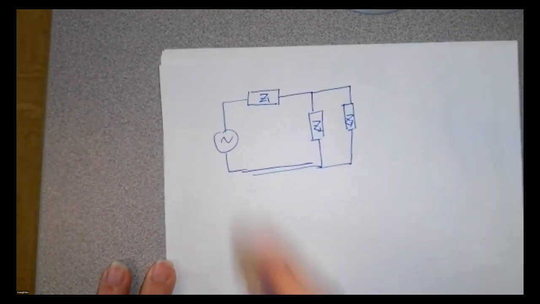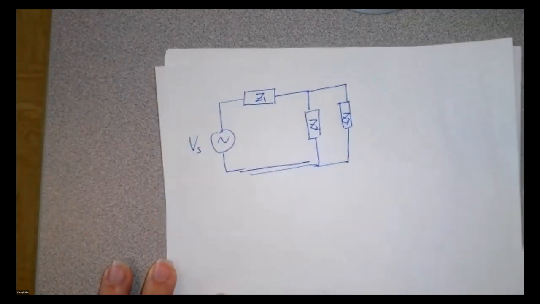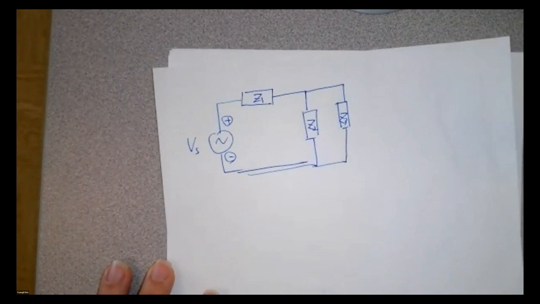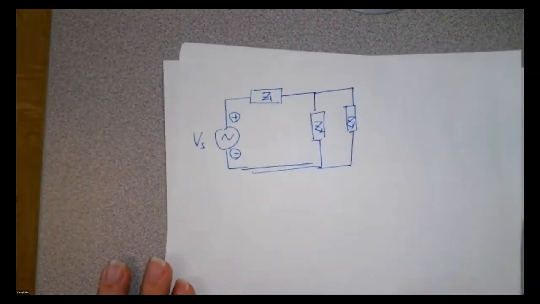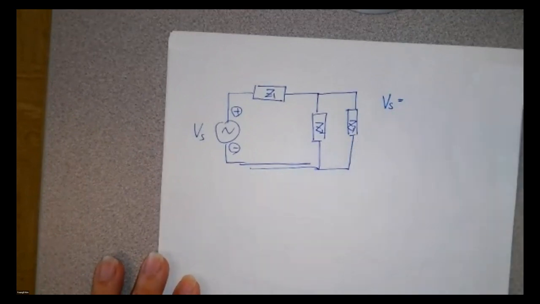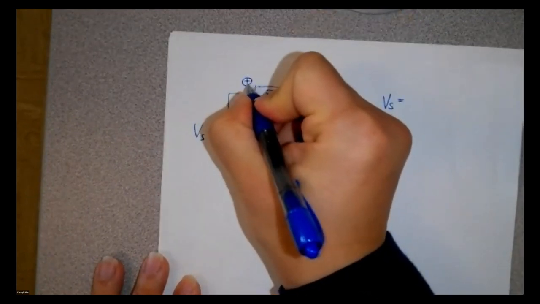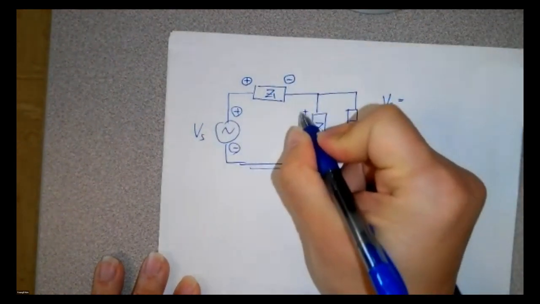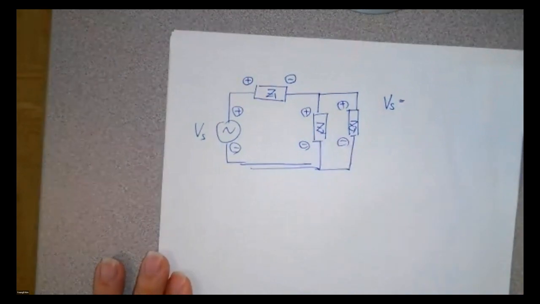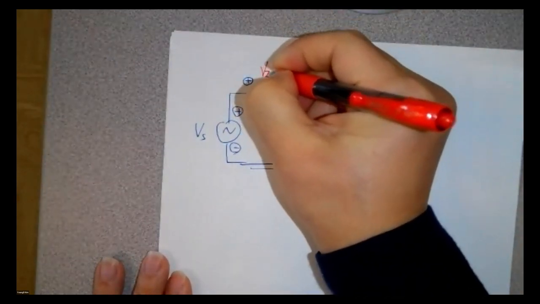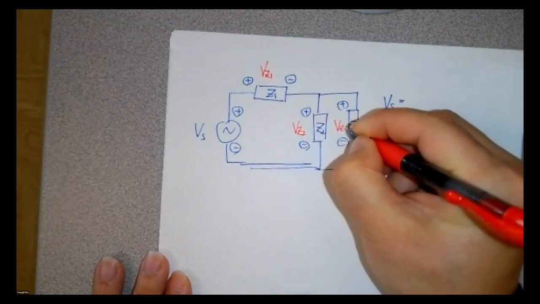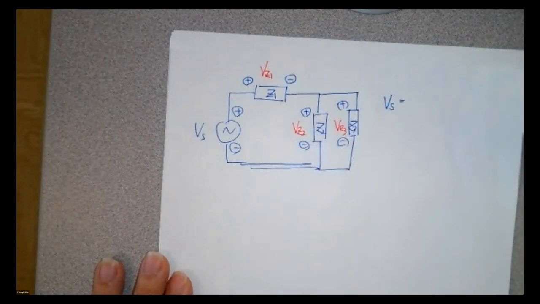Here, that is the V sub S. Okay, plus minus. So V sub S, that is the plus, minus, plus, minus, plus, minus. So right there, V sub G sub 1, V sub G sub 2, so V sub G sub 3.